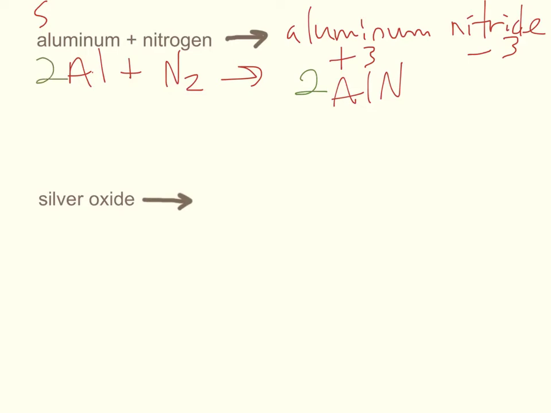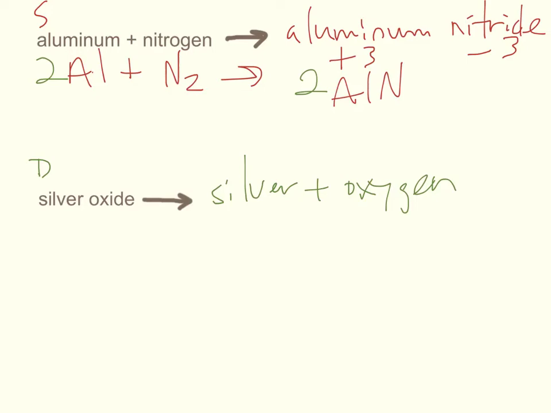How about silver oxide? Silver oxide by itself, that means we have a decomposition reaction going on here. So let's write this out. If I have silver oxide, it's going to decompose into silver plus oxygen. All right, so we have 2 separate elements.